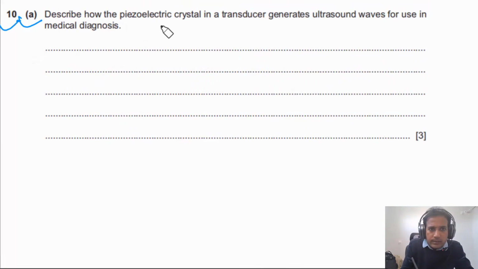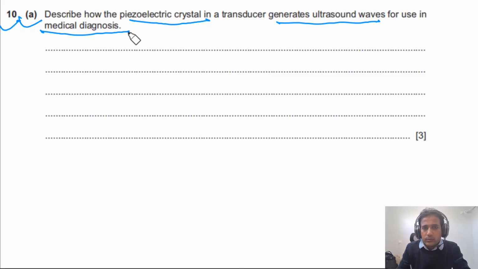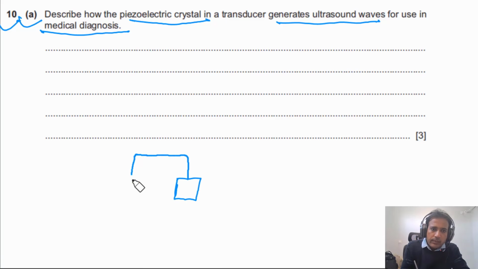Question 10, part A says, describe how the piezoelectric crystal in a transducer generates ultrasound waves for use in medical diagnosis. How are ultrasound waves produced? Imagine that this one is the crystal. We apply an alternating PD across it, and the natural frequency of this crystal is in the ultrasound range.